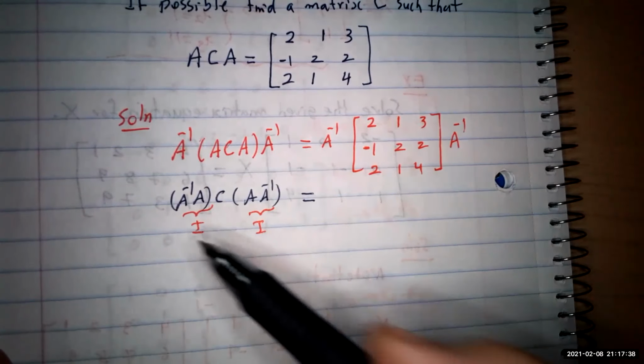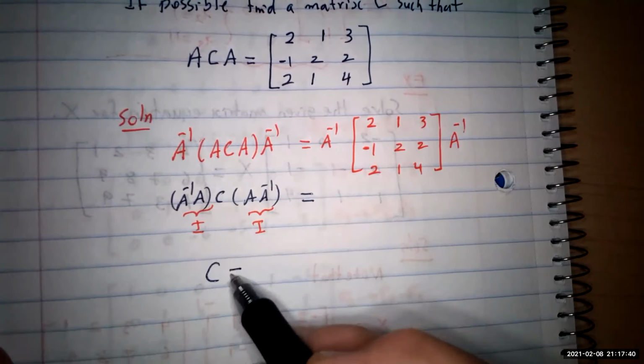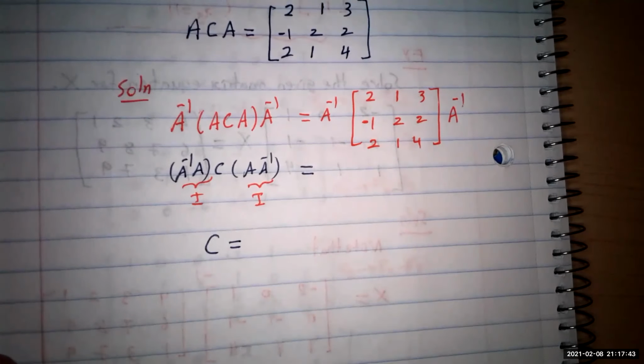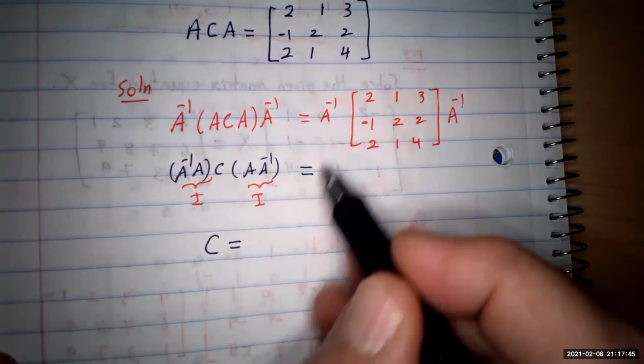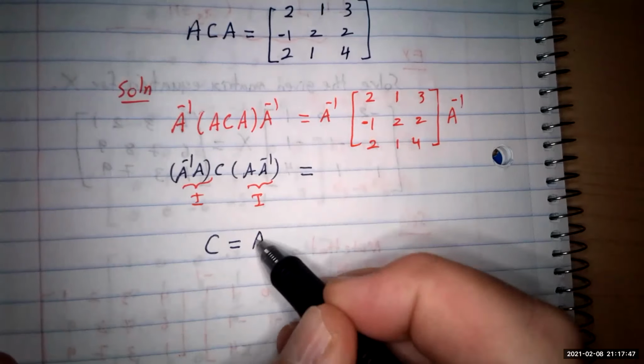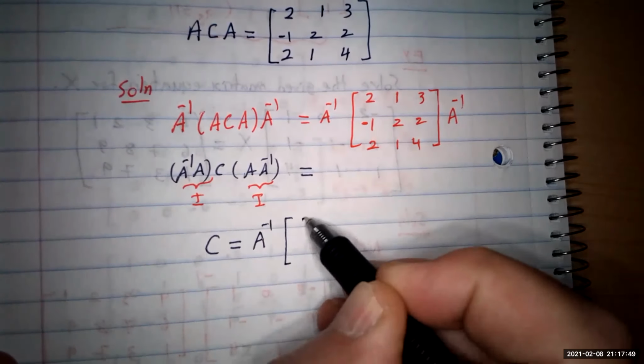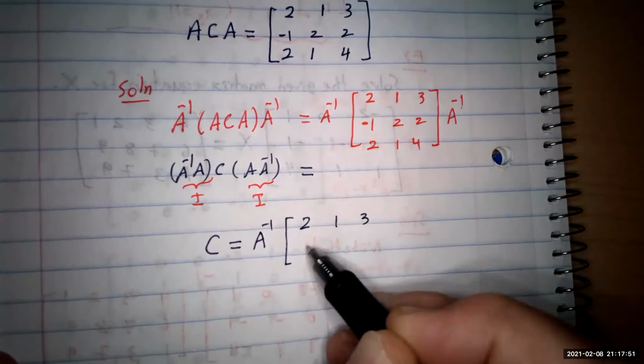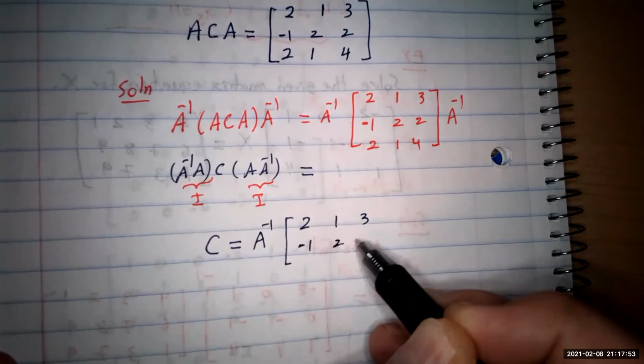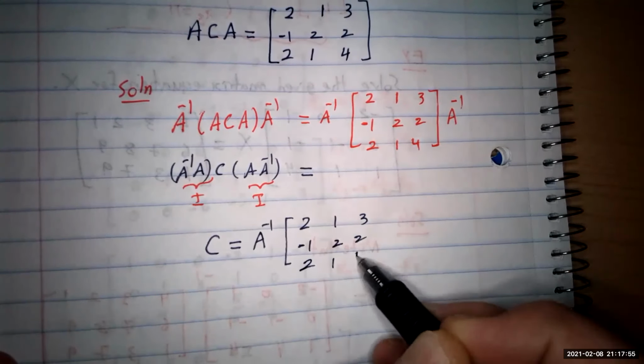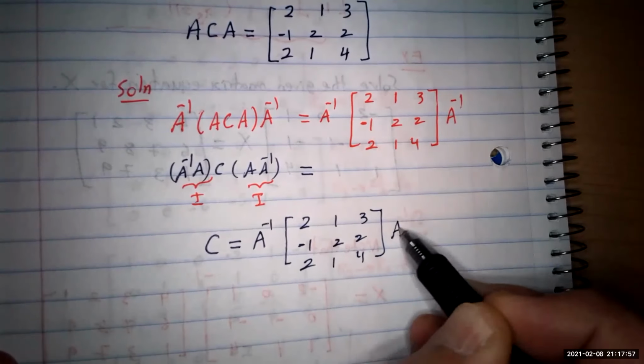So we got the C from here. C is going to be equal to A inverse, whatever matrix we have, 2, 1, 3, negative 1, 2, 2, and the 2, 1, 4, A inverse.